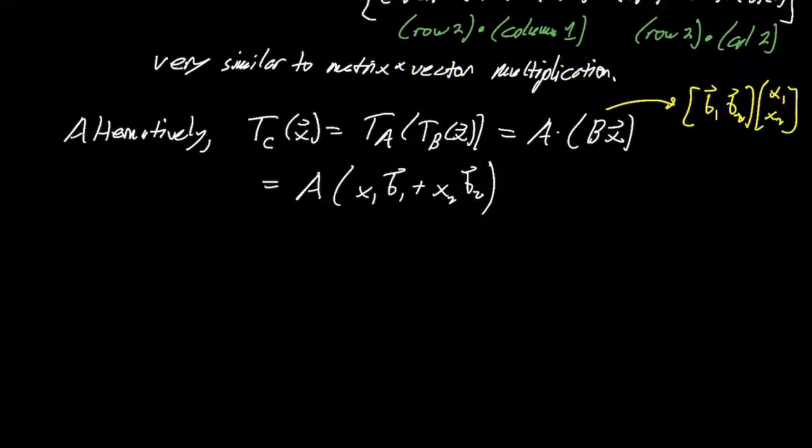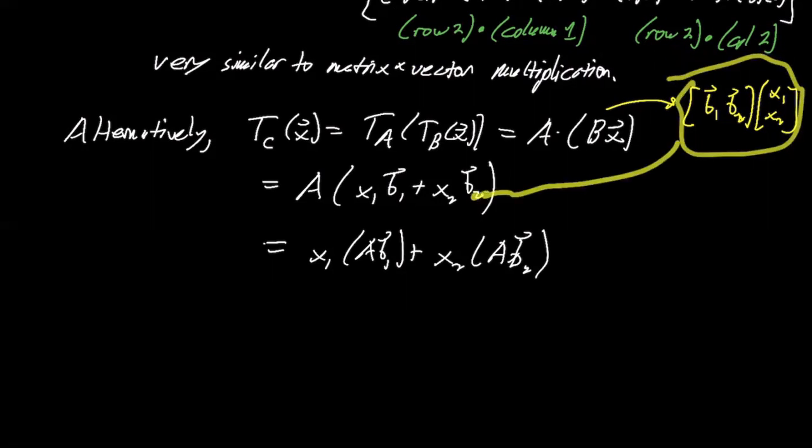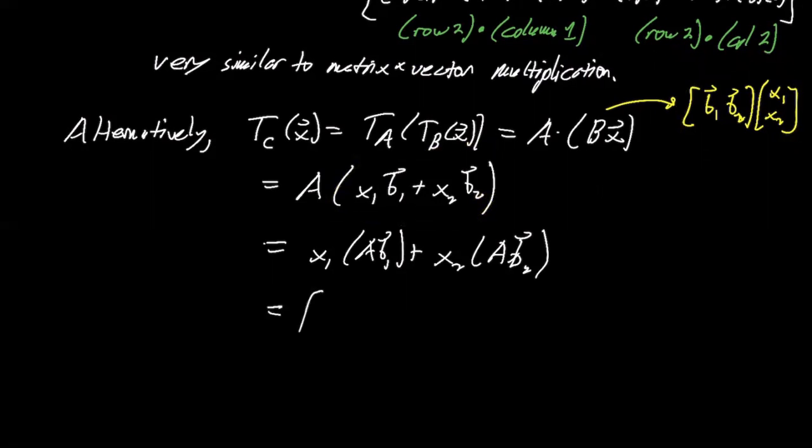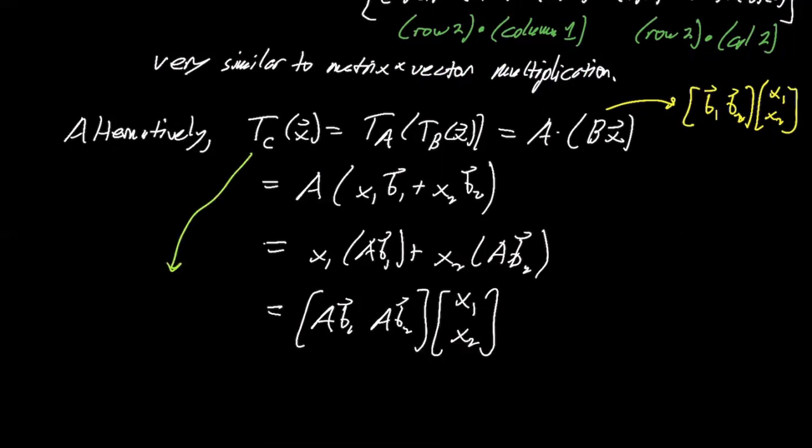So we could rewrite this as X1 times A B1 plus X2 times A B2. And then very similarly to what we did up here, we could factor this as the matrix whose columns are AB1 and AB2 times the vector whose entries are X1 and X2, right? And this right here is C times X.